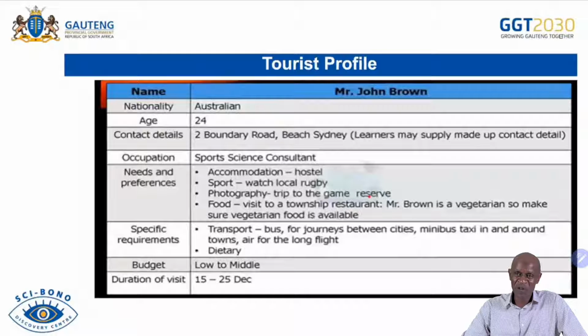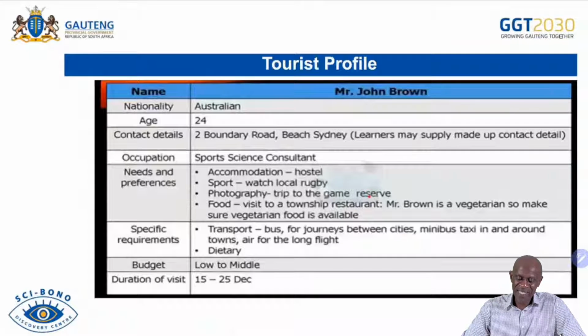He is 24 years old. So this gives you an indication of the type of accommodation, the type of transport, the type of meals, let me say food and beverages, that will be booked for Mr. Brown.